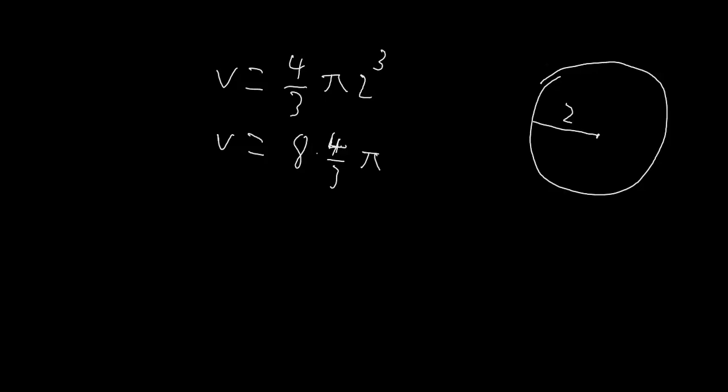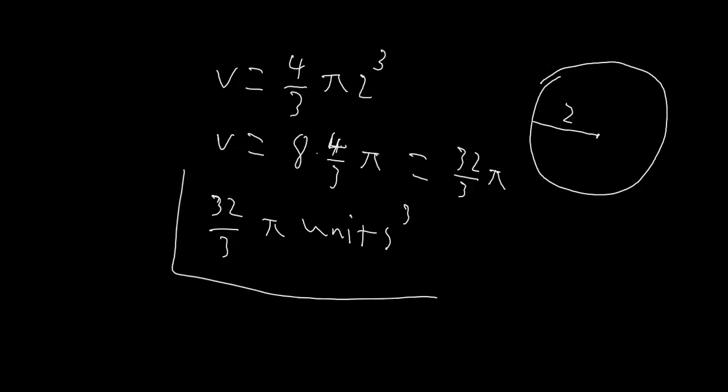Okay, 4/3. And then we get 32/3 pi, meaning our answer is 32/3 pi units, don't forget the units, cubed. Since we do not know whether the units are feet, yards, or whatever else.